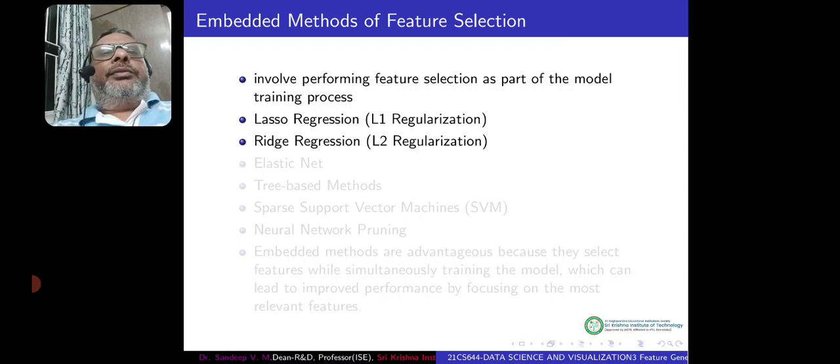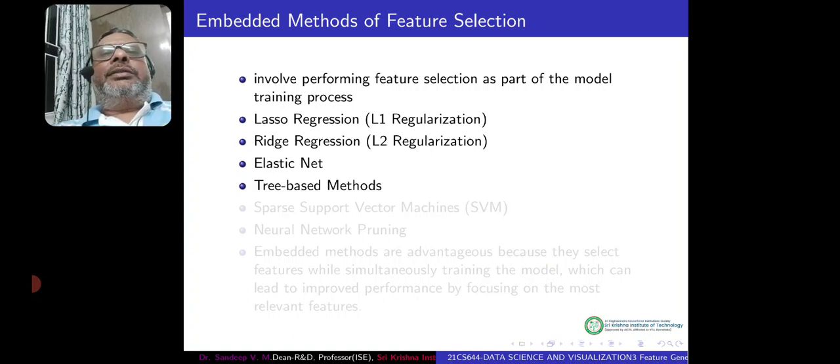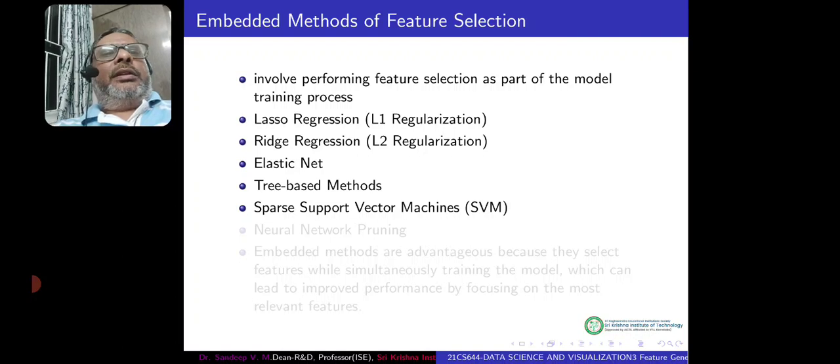If we want to have both the pros together, then we can go for the third one, which is elastic net, a combination of both L1 and L2 regularizations together. So that's one option. The next thing is we can go for tree based methods for embedded feature selection, or we can also use sparse support vector machines.